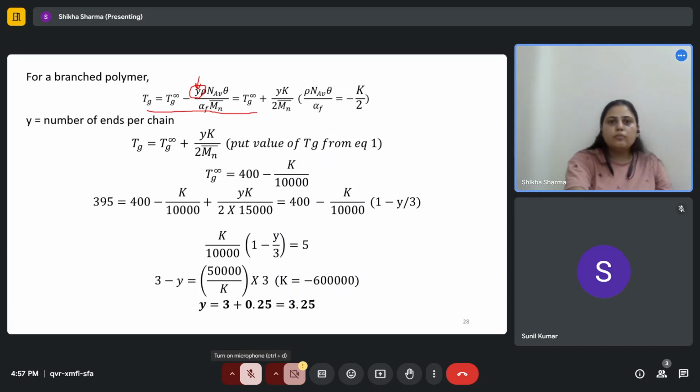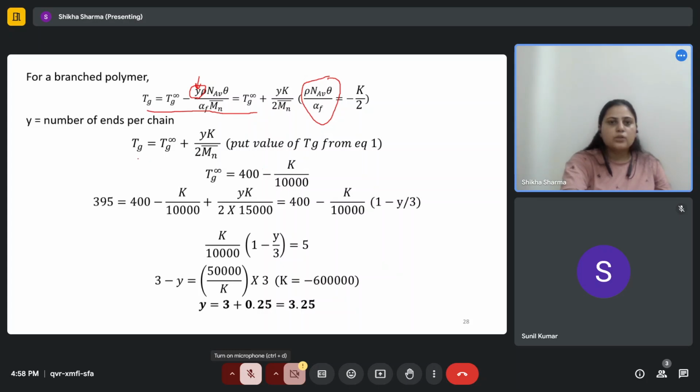The rest we are taking as K, like we assumed K, which is minus 2 rho Avogadro number into theta divided by the thermal expansion coefficient. So minus K by 2 will be nothing but the value we just calculated in the previous slide.